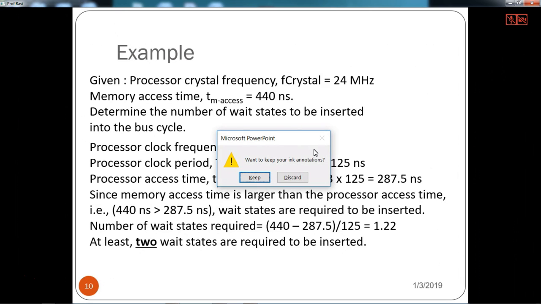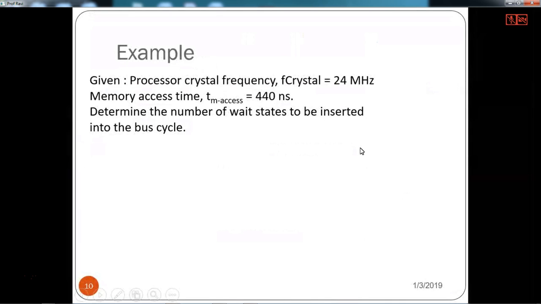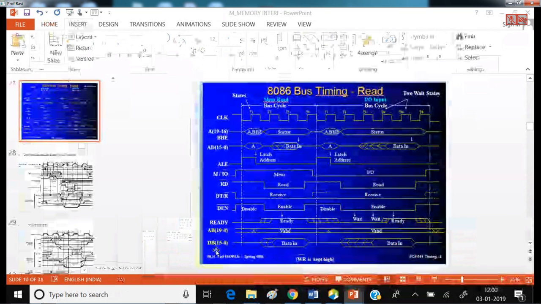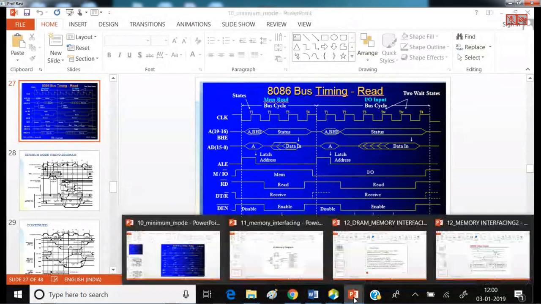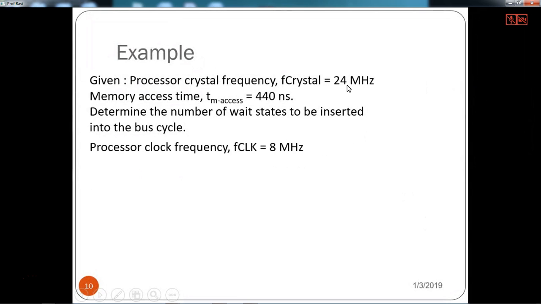Let me just conclude here. When a processor is performing a memory read operation, memory is not as fast as the processor, so how many wait states need to be introduced is what we are discussing. In the example, the crystal frequency is 12, divided by 3 gives 8 megahertz as the clock frequency.